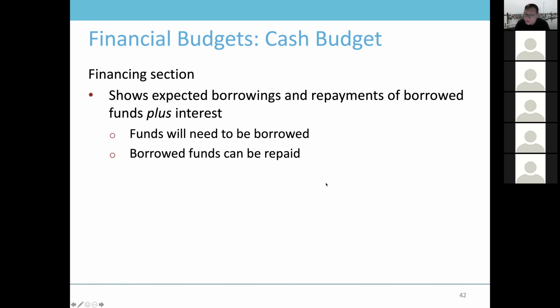If you have sufficiency in the cash balance, more than your targeted cash balance, you can use that cash to repay some of the loan. So this is the financing part.